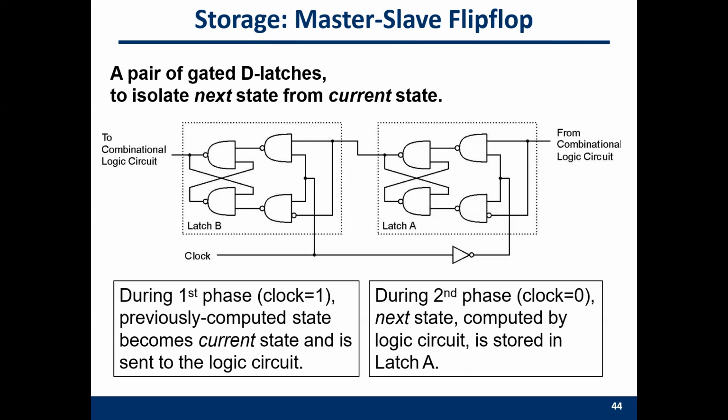When the clock is low, the write enable here is low, so nothing can pass through this. The second part, the slave, is high, so the new input can go through this part.